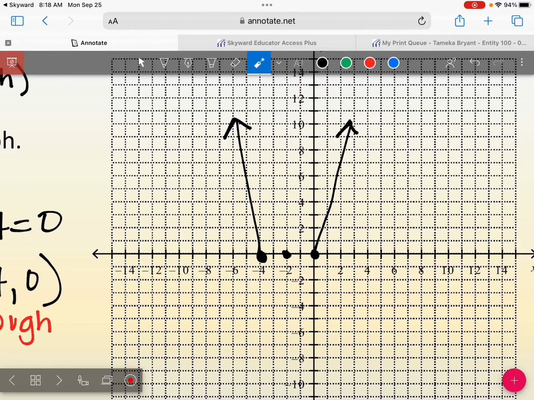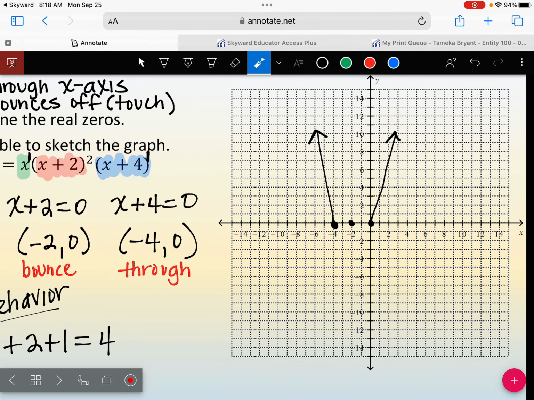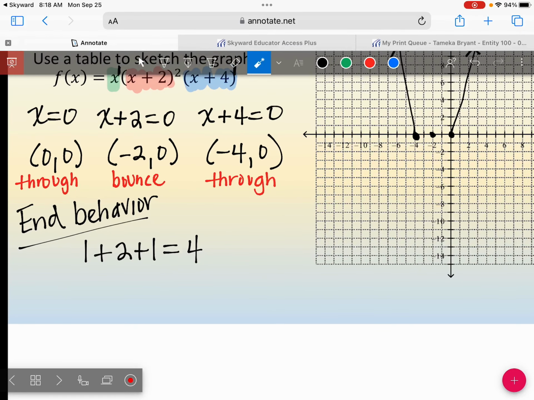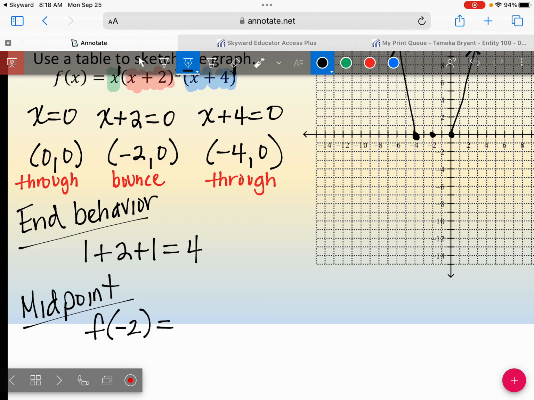All right, so pick up your calculators. If there's not one on your desk, there should be one around you. Go ahead and find f of -3, because we already know at -2 it's 0.